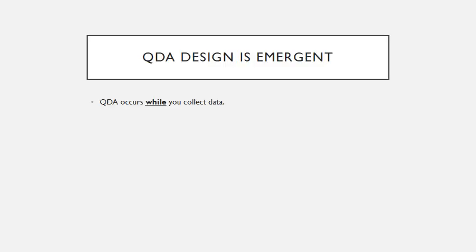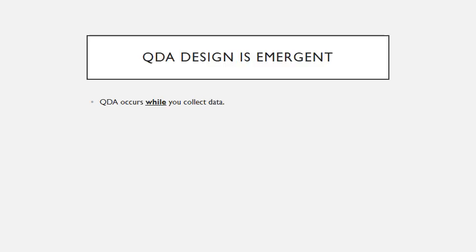So one of the implications of that is typically with qualitative data analysis, you start analyzing your data the minute you start collecting it. So you may plan to do 30 interviews, for example, for a full-on interview study. But after you do your first 1 or 2 interviews, you should start analyzing the data that you have so far.